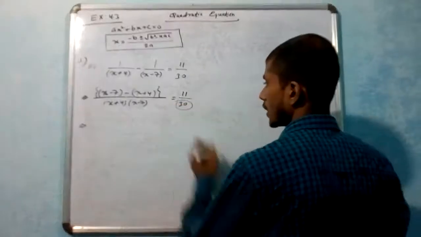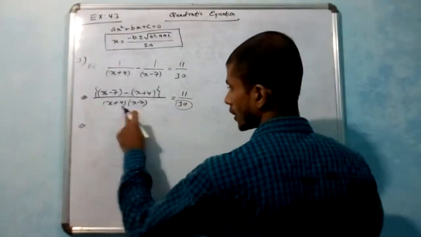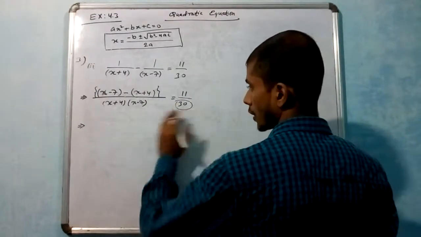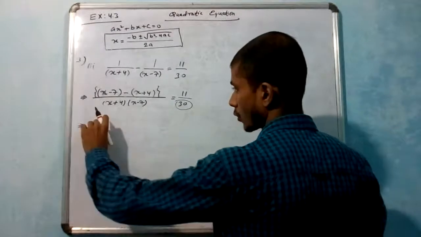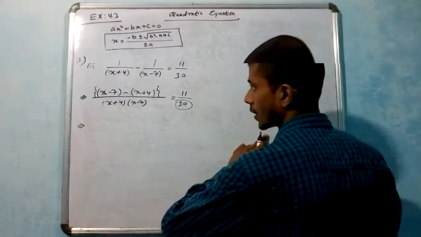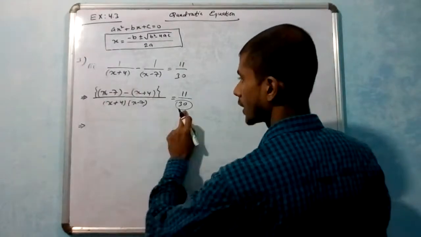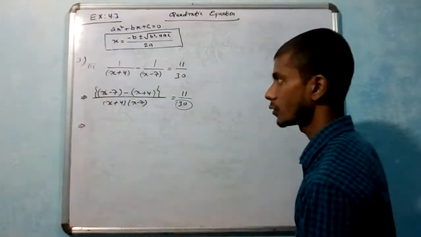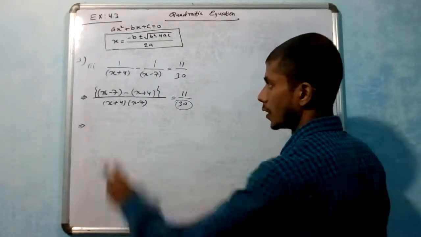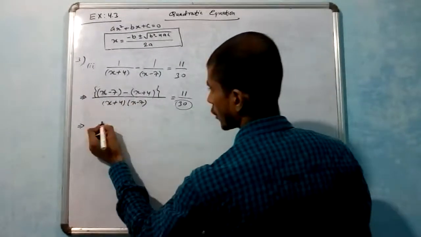Why we are doing that? So as to get rid of the denominator. Okay, so as to get rid of the denominator part, that only the numerator part equation we will get like this straight. Now let us simplify this first and then I will send this 30 that side in multiplication. It will be easier. No? So tell me, x minus 7, when I open the bracket, what will happen?